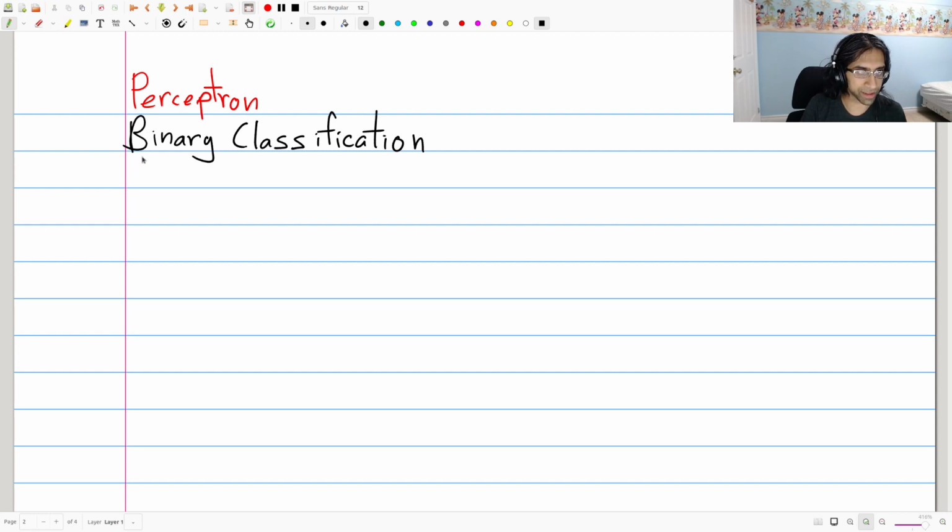So in a binary classification task, and in fact in many classification tasks, what are we given? We're given a sequence of points. So this is going to be our input data or our training data. And each of these will have two parts to it. Each of them will have a feature vector.